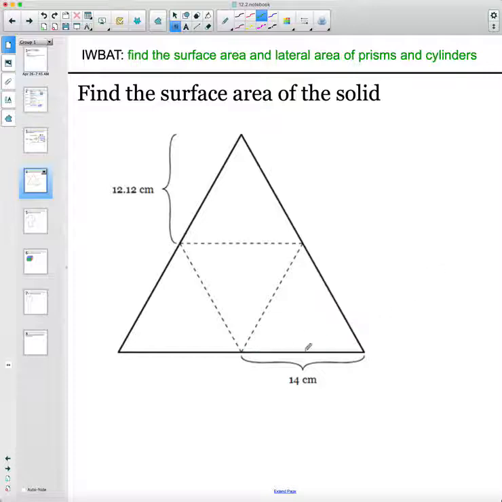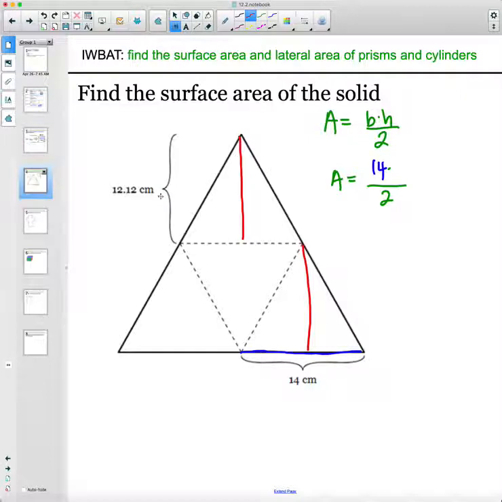So we see this base of the triangle, and remember the area formula of a triangle is base times height divided by 2. The base of these triangles is 14, labeled here. So we have 14 times the height of that triangle. This height right here is the same as what they've labeled, 12.12 centimeters.